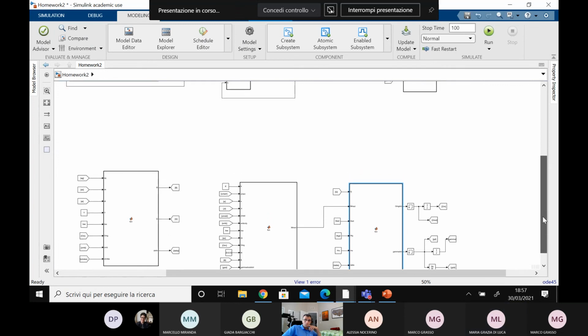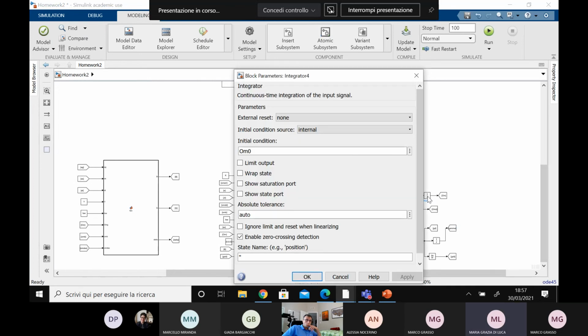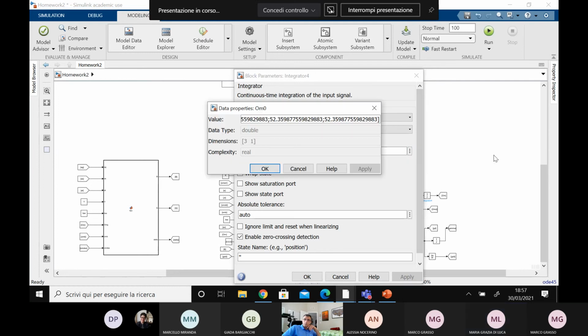I can share my screen. You mean this one, the numerical integrator? Oh. Yes, because the, no, it's capital omega with 0. Okay. Yeah, to me, this is the problem. So you have defined it in a wrong way, and then it works.